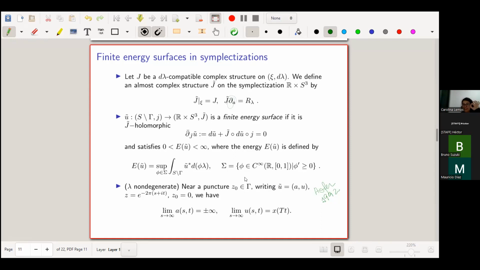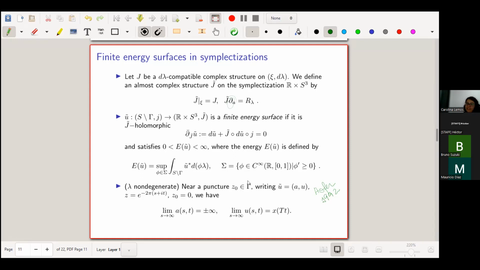So when we consider a holomorphic chart very close to this puncture, we can write the points here parameterized by S and T. And we can also write the real part of our curve and the part in the manifold, in the contact manifold.